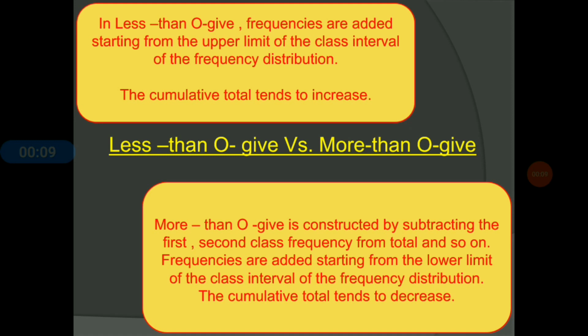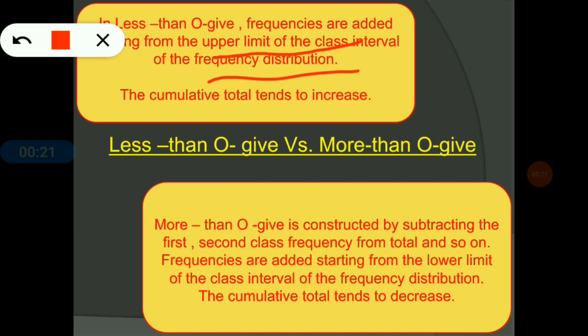In the less than ogive, the frequencies are added starting from the upper limit of the class interval of the frequency distribution, and the cumulative total tends to increase. That is the basic difference from the more than type. The more than ogive is constructed by subtracting the first and second class frequencies and so on from the total frequency.